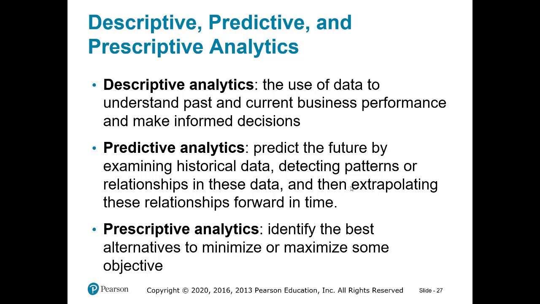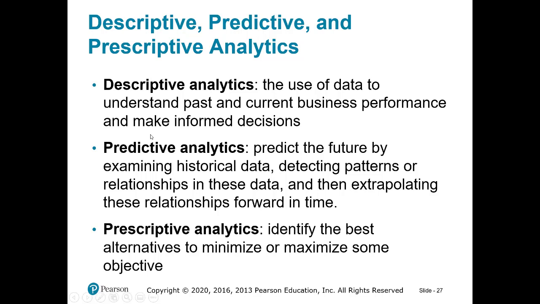They will offer you some predictions, and then they will give you some sort of possible decisions or solutions to apply. So most analytics doesn't really fit into one of these quite narrow buckets.